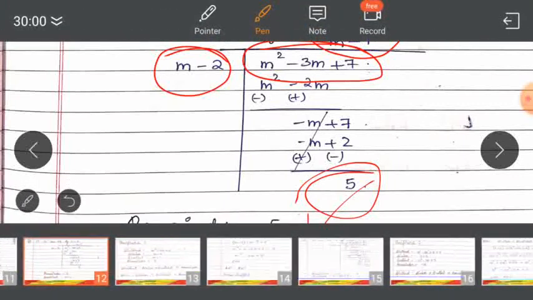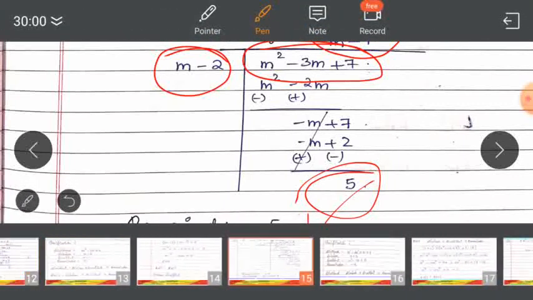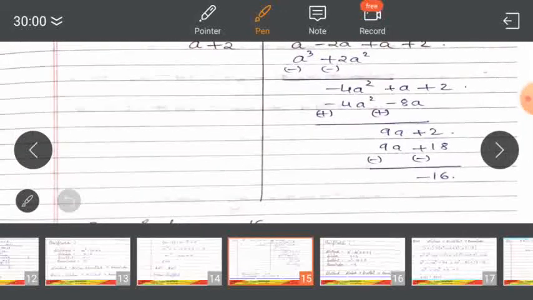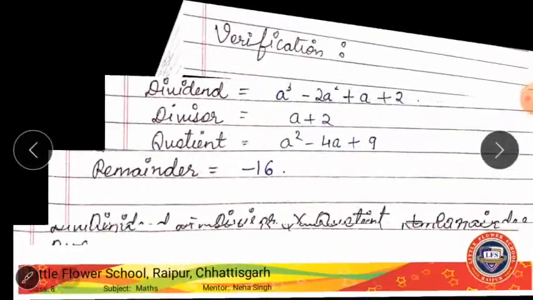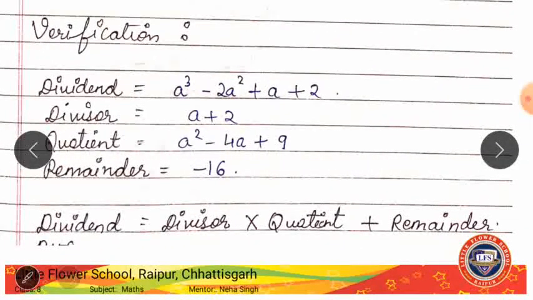Similarly, the next question. So this was the verification part. Similarly, you can go through the next questions. The steps are the same, so I am not repeating the steps. After division, again the verification part: you write the dividend, divisor, quotient, remainder.